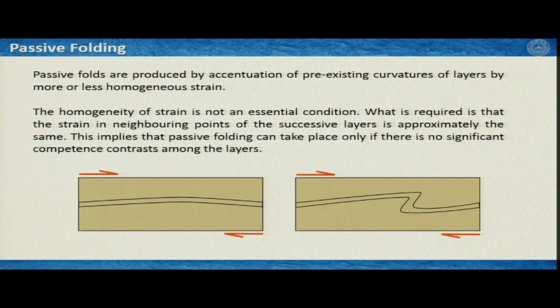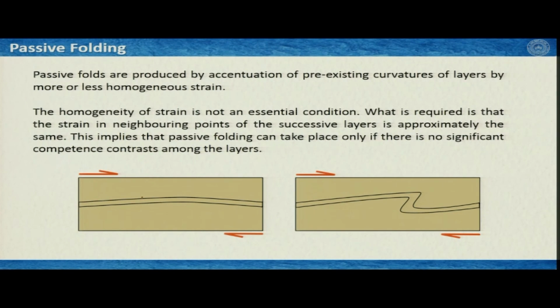Now, the homogeneity of the strain is not an essential condition. However, what is required is that the strain in the neighboring points of the successive layers is approximately the same. This implies that passive folding can take place only if there is no significant competence contrast among these layers. So, this is an example, we have drawn it before in a different way.